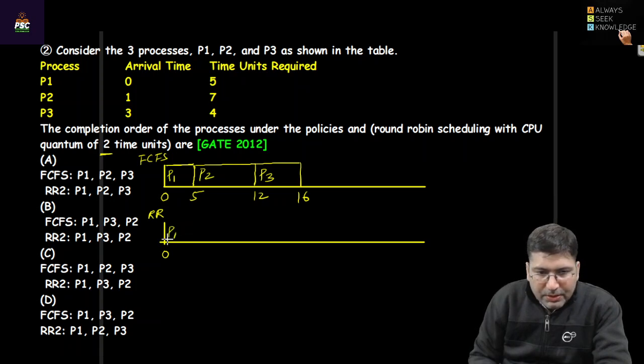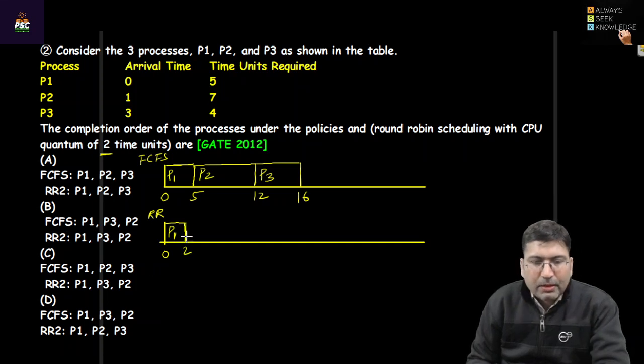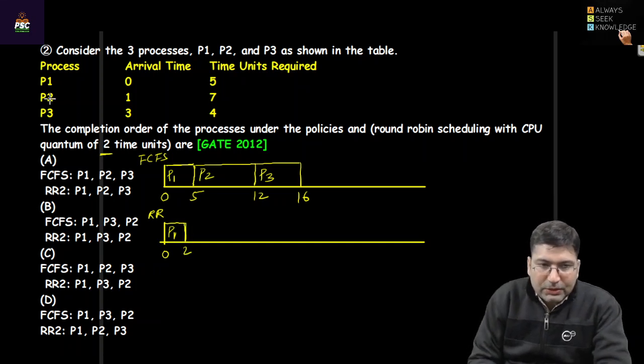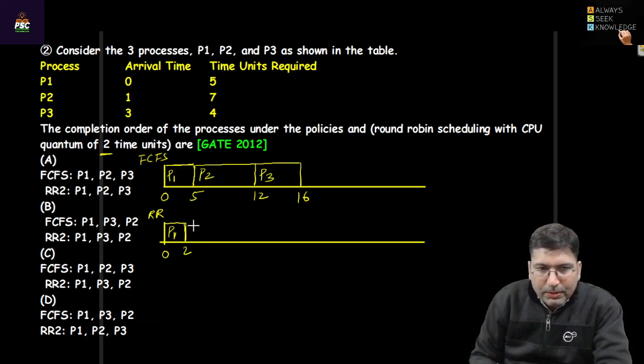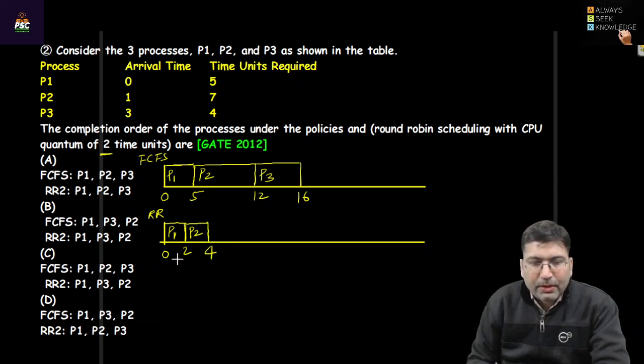At 0 P1 is scheduled and there is a time quanta of 2, so at 2 P1 will be interrupted. Now let's check. Yes, P2 has arrived. So when P2 has arrived, you can give the chance to P2. P2 will be scheduled here for 2 units of CPU cycle, so till 4.